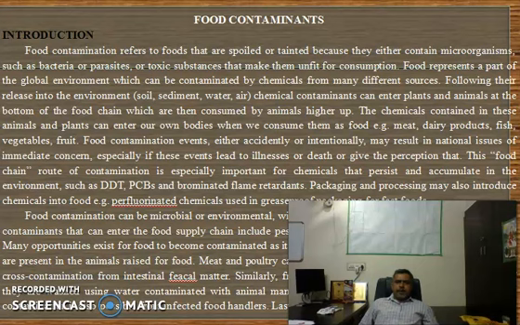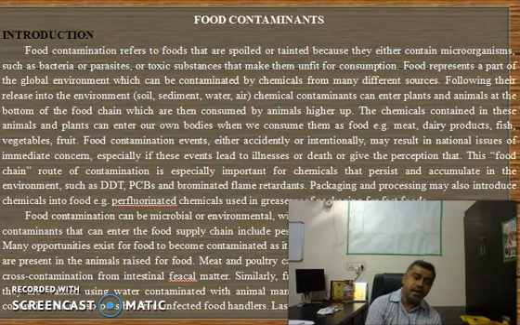Food contamination events occur either accidentally or intentionally, and may result in national issues of immediate concern, especially when these events lead to illness or death, or give a perception that this food caused it. The food chain route of contamination is especially important for chemicals that persist and accumulate in the environment, such as DDT, PCBs and brominated flame retardants.